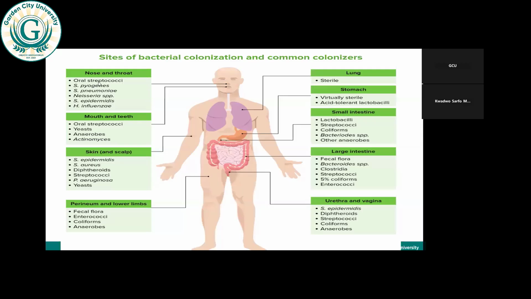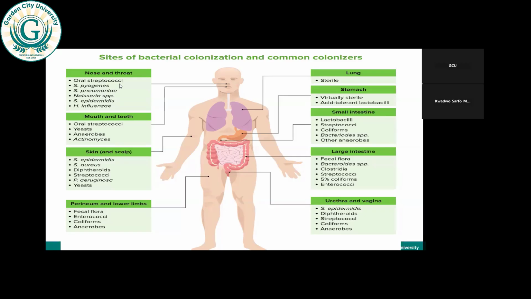So we can have in the mouth, the nose, the throat, some of these bacteria: oral streptococci, Streptococcus pyogenes, Streptococcus pneumoniae, Neisseria species. So Neisseria in the throat is no news because they are normal flora.